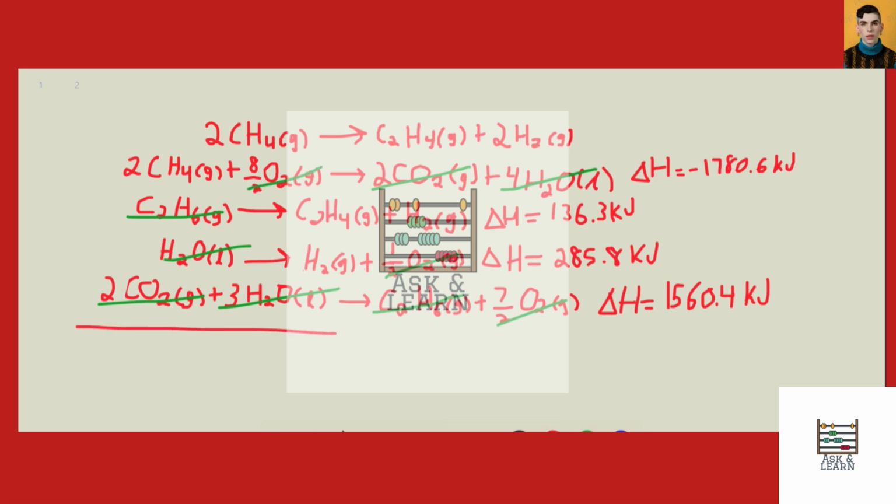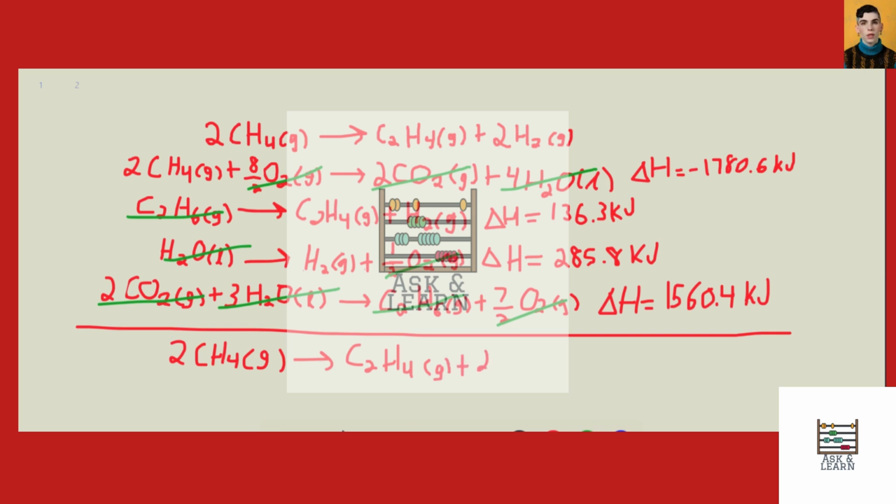So now that gives us our overall equation: 2 CH4 yields C2H4 gas plus 2H2 gas. So now our delta H value is just going to be the sum of all these values.